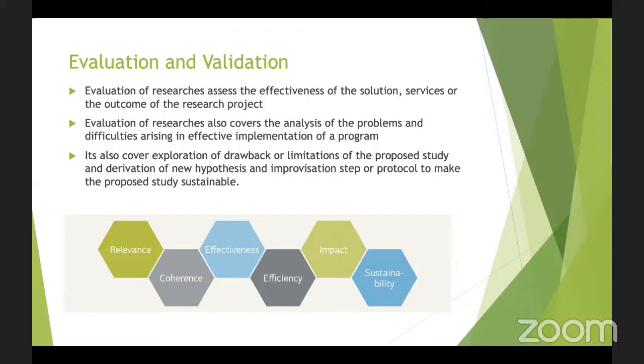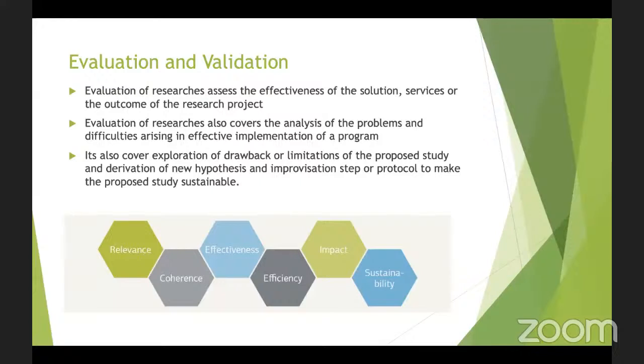Say for example, in the case of COVID-19 vaccines, after making all the vaccines and everything, they came to know that okay, this vaccine is not working on the South African strain, or not working on some other strain. So that is the drawback or the limitation of the research question they had when they started making the vaccine.